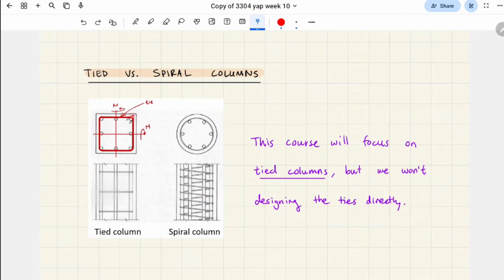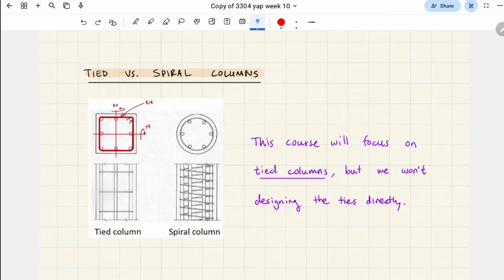They have the steel laid out in a grid, like a rectangle, and the overall shape is rectangular. Whereas we can also imagine spiral columns, which have the axial bars laid out as such, and then they almost have this spring-like shape.